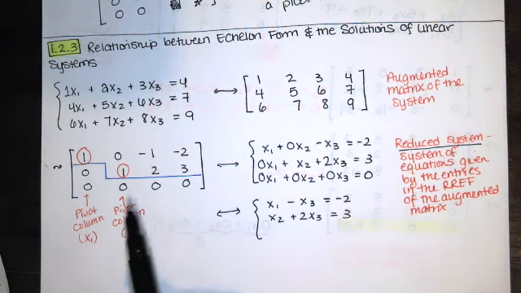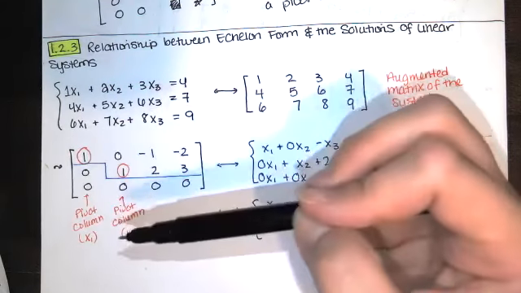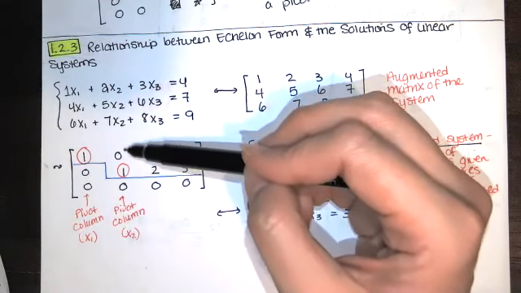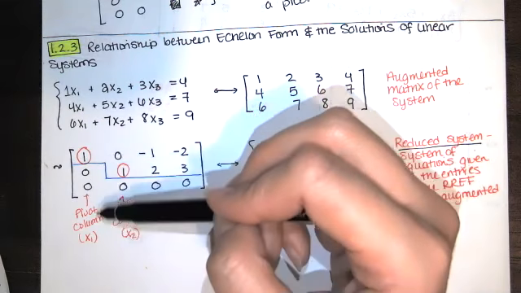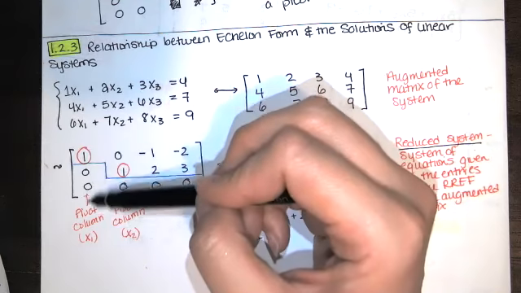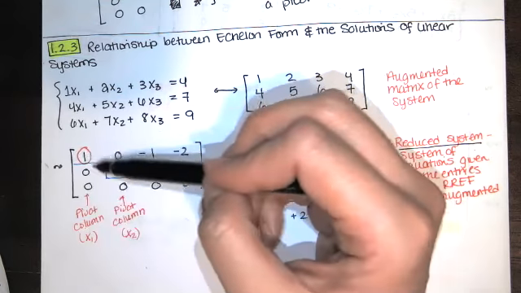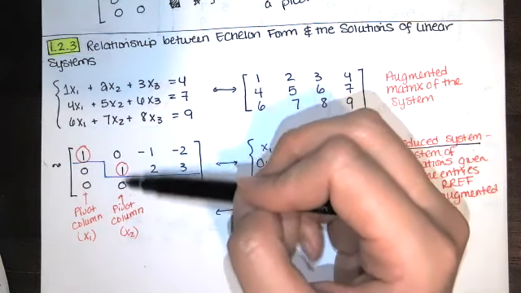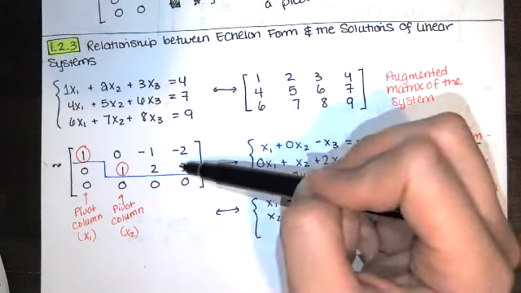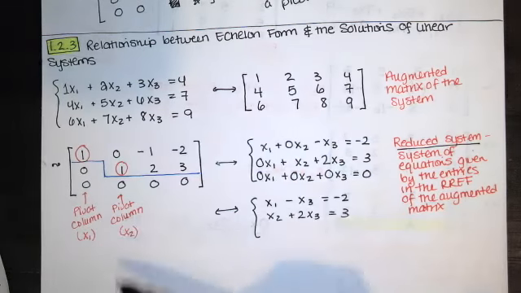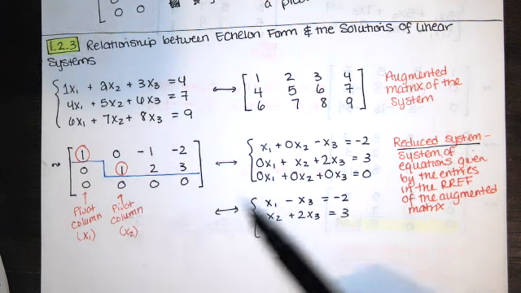Since we're in reduced row echelon form here, there's only one row that has a non-zero coefficient for x sub 1, and that's the first row. And there's only one row here, that's the second row, that corresponds to an equation containing x sub 2. So x sub 1 and x sub 2 only appear in one equation each.